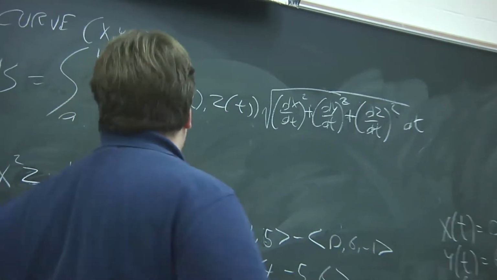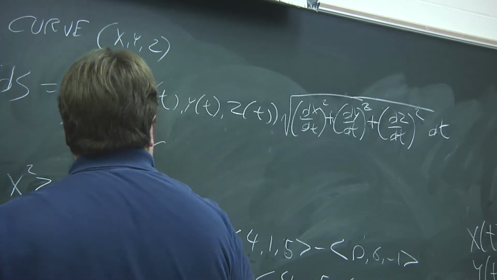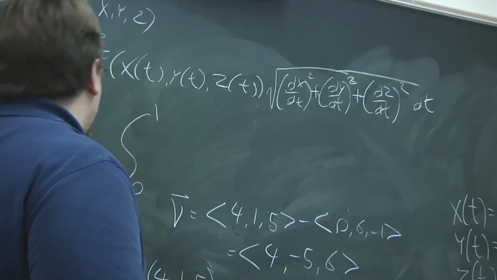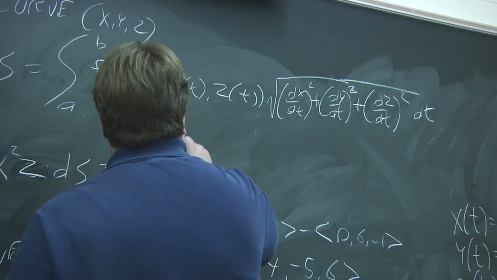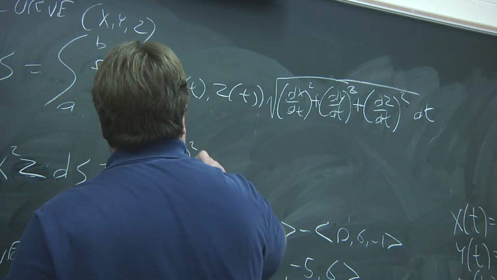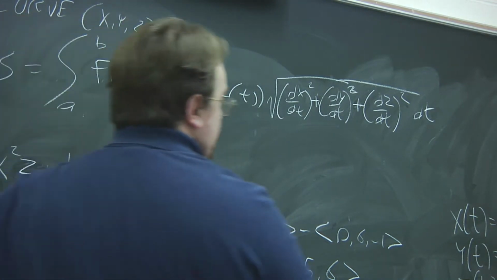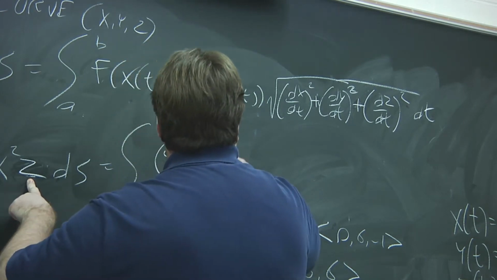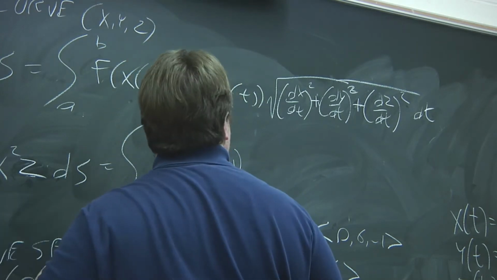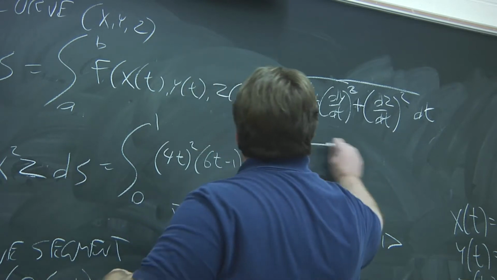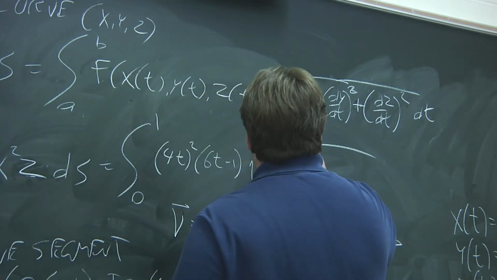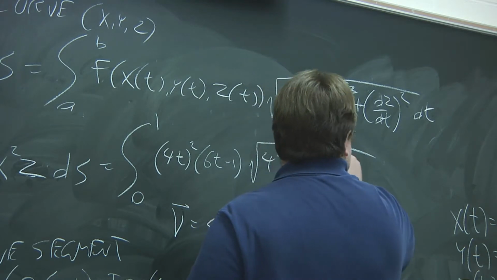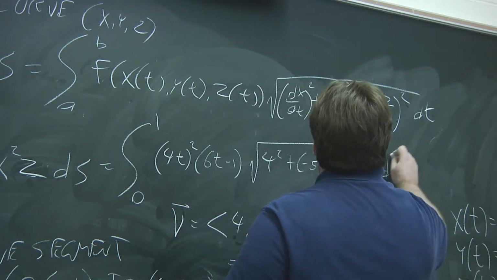All of this information. So we're going to have the integral from 0 to 1, x squared, well that's going to be 4t squared, and then we have z, which is 6t minus 1, and then we have this square root, so we'll have 4 squared plus minus 5 squared plus 6 squared dt.